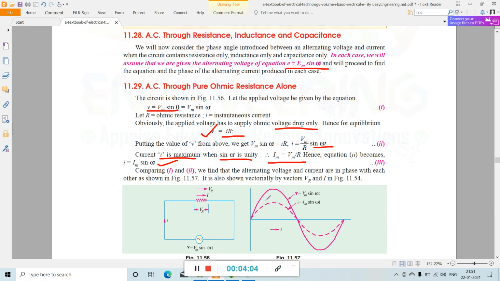It is also shown vectorially by vectors VR and I. In the vector representation, if the reference line is like this, this is our VR axis, then the current is also along this line. That means I is in phase with VR. The voltage and current are in the same phase.